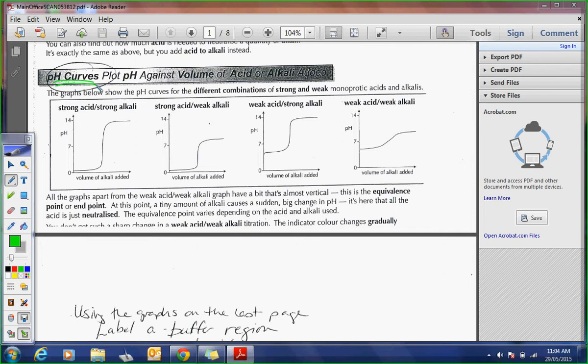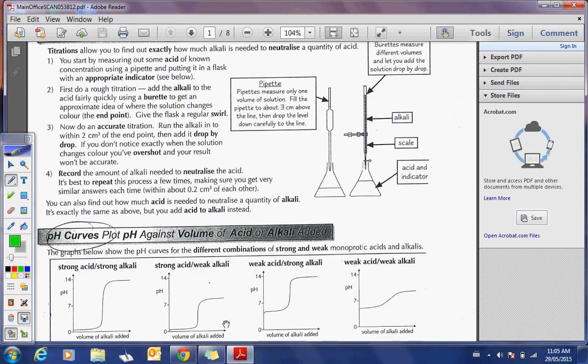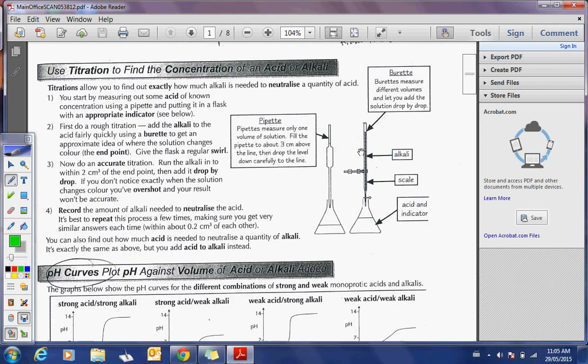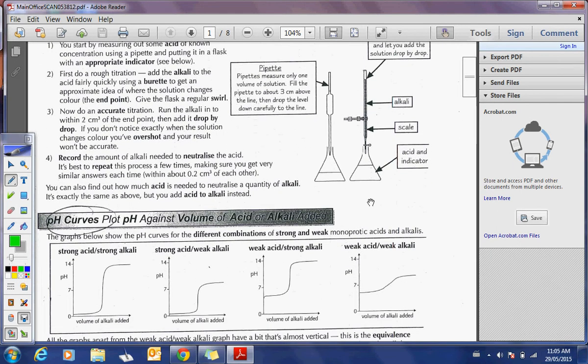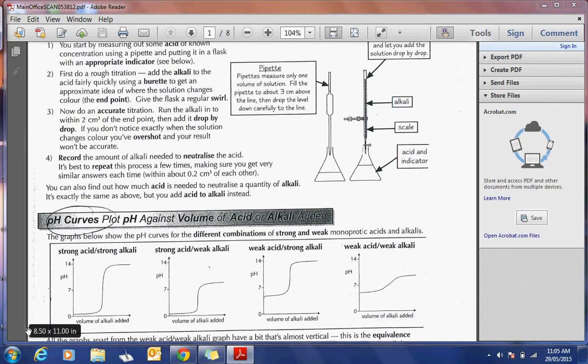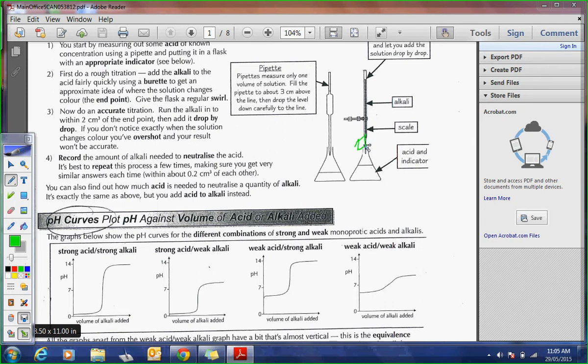So if I have started here with a pH that's very low, this is in my sample. In here, I have a pH meter recording my pH. Does that make sense? So I'm recording the sample's pH.